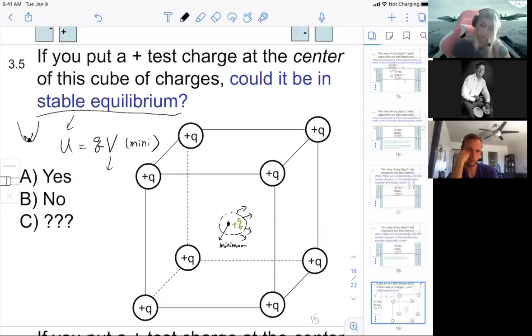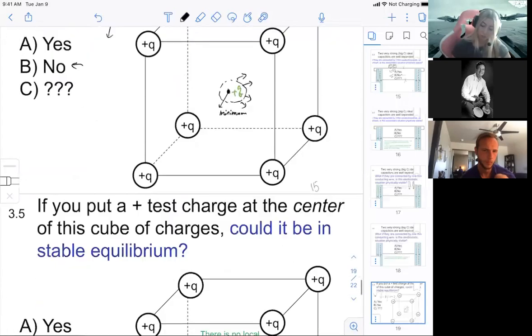You can see that it violates the first property of the 4 properties we talked about, and therefore you're not going to have this minimum value in the middle, only at the boundary. So it cannot be in stable equilibrium. As soon as you shift away from the center, it's not going to stay there, not going to go back.